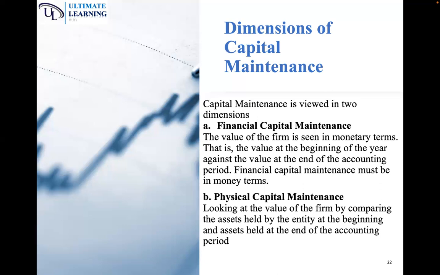In other words, how many chairs do you have? Remember, in financial, what is the value of chairs? When we talk of physical capital maintenance, we are looking at how many chairs do we have? We can say that we have 10,000 chairs. In that case, it is physical capital maintenance.